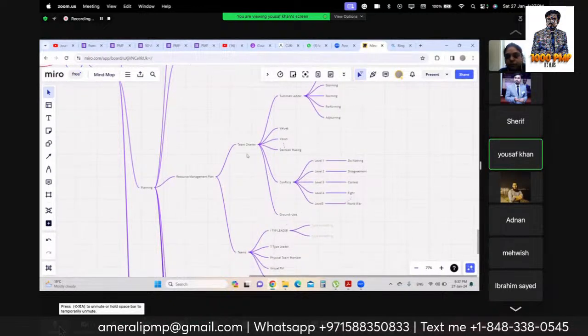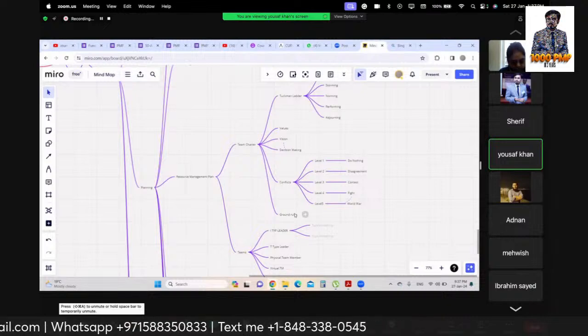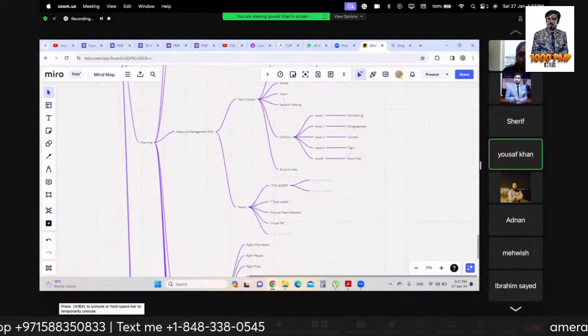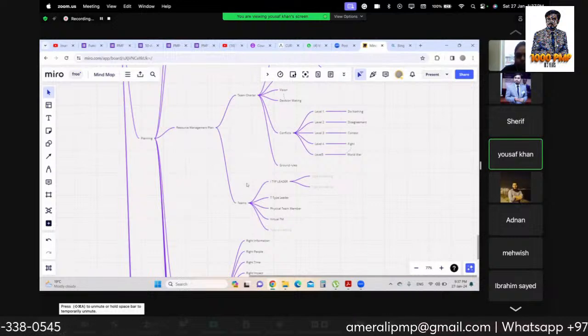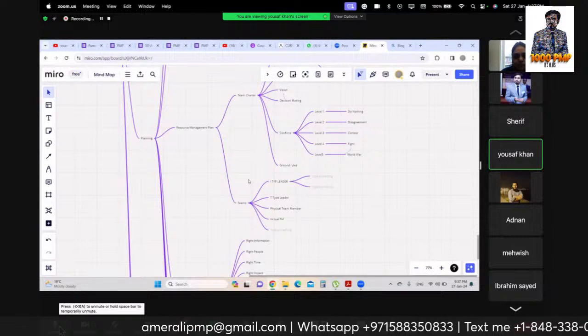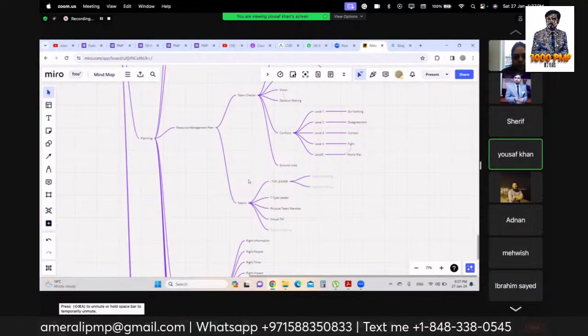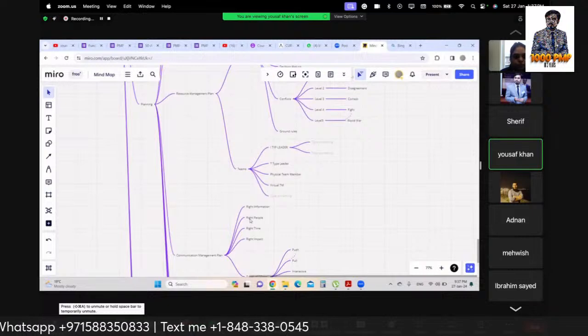We have to also identify the ground rules, how the team should interact and all that. And then we have different types of team. We have I-type leader, T-type leader, and physical team members, virtual team members.